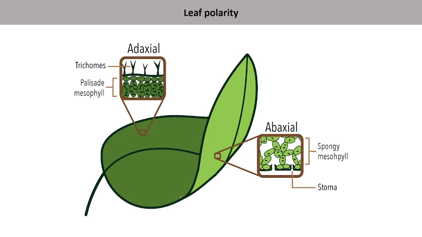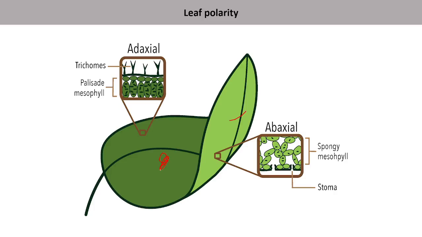The surface on the lower side, which is not directly exposed to the sunlight, has more spongy mesophyll and the most stomata, and is called the abaxial side. So the lower surface of the leaf is the abaxial side, and the upper surface is the adaxial side.